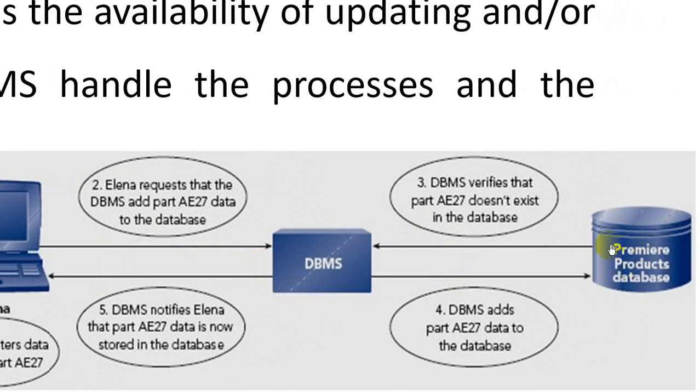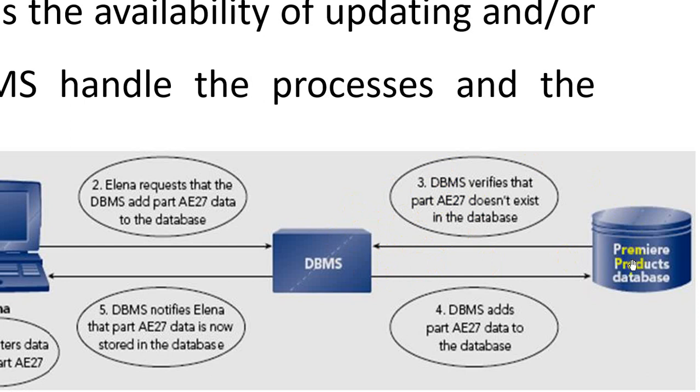Now, what is the important concept of the DBMS? It verifies whether the AES27 record already exists or not. If it already exists and the information needs to be added, then it performs an update operation. If the data is not available, then the addition of information, or insertion operation, will be performed.